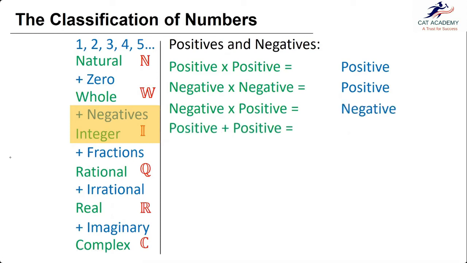And positive plus positive, positive. Negative plus negative. Think carefully, guys. It's like -3 plus -4. So that's -7. That is negative.